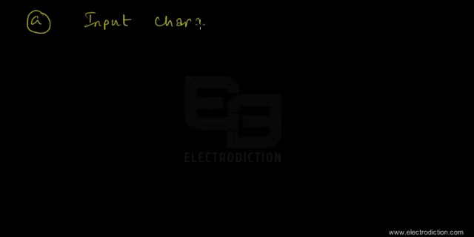Let me tell you before I move on that the input characteristics is basically a graph, or a curve, that you need to plot, in which you compare the emitter base forward bias voltage and the input emitter current.